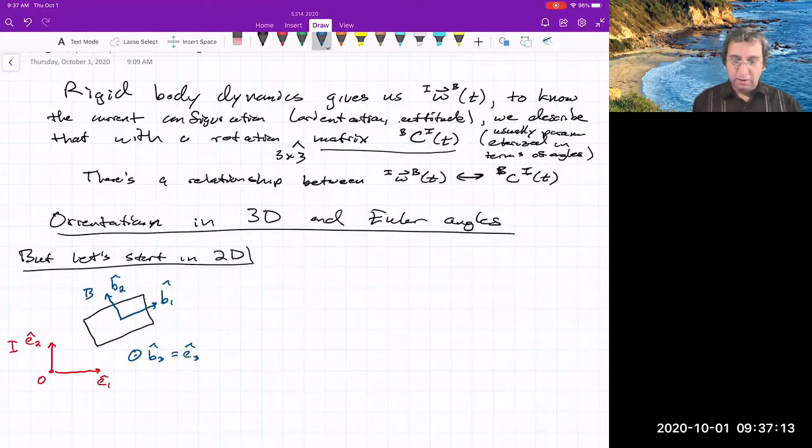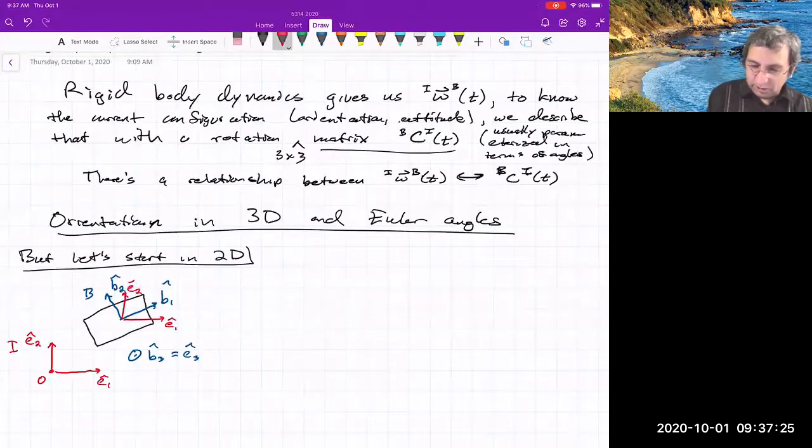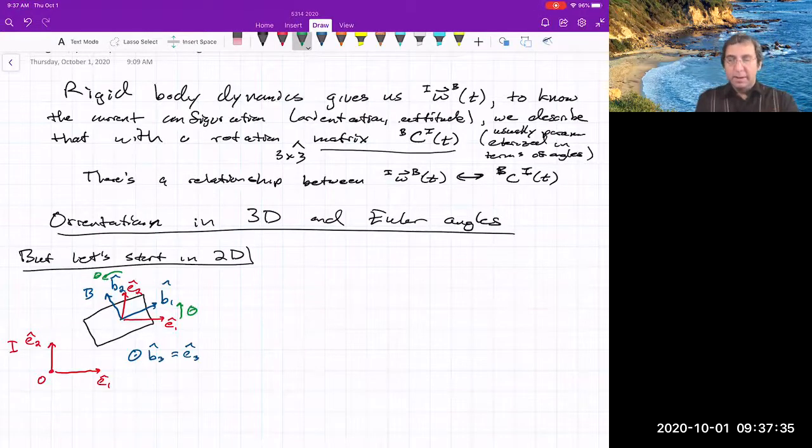So even if you're thinking of the origin of the inertial frame as being down here in the lower left, you just sort of superimpose what the directions are. And then we would say, okay, all we need is one angle theta, right? And that describes how the B frame is rotated with respect to the I frame.